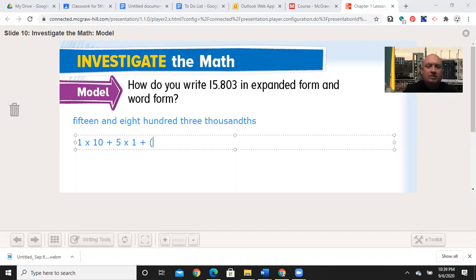I have 8 times 1 over 10, because we're in the tenths place, plus, there is nothing in the hundredths place, so we go right into the 3 in the thousandths place, so I'm going to write 3 times 1 over 1,000. So now I have 15 and 803.